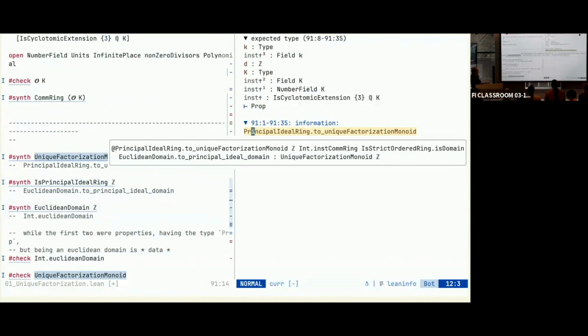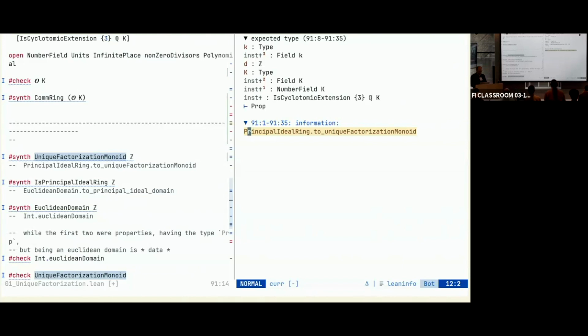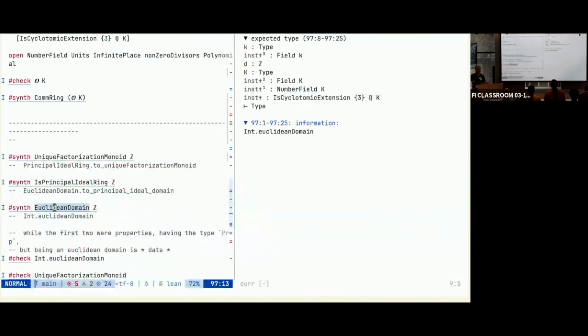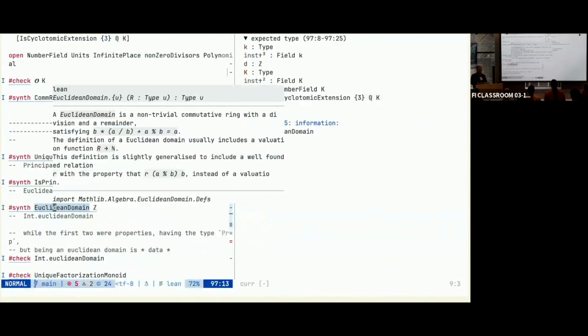If you take Z, you ask that it is a comm ring, you ask that it is a strict ordered ring, which means that it has an ordering which respects strict inequalities, and it's supposed to be a Euclidean domain. And in fact, Lean knows that Z is a Euclidean domain, and it's there. So you have the definition of a Euclidean domain.